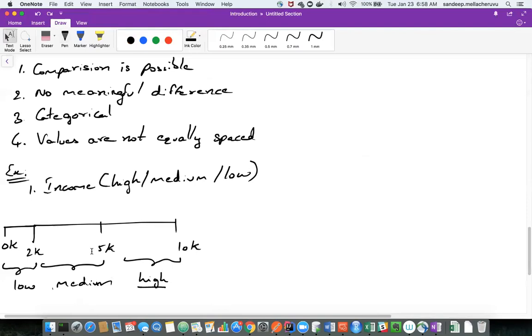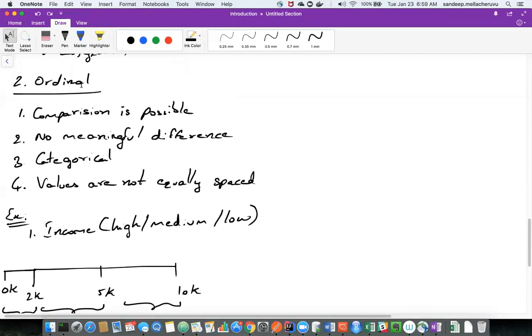Yes, Sandeep. I have a question here. Suppose in your example 0K and 2K and 5K, instead of 10K, suppose it is 8K. Okay, see, in ordinal, values could be equally spaced, but in general values are not equally spaced.